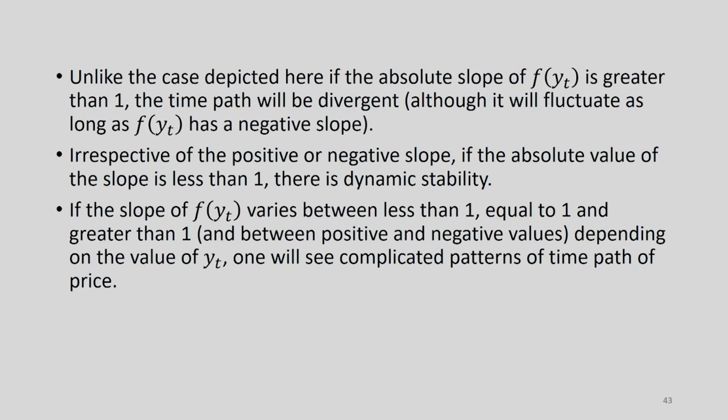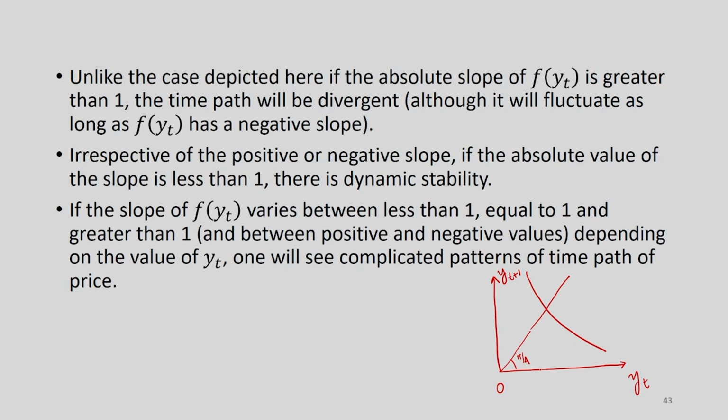So, the reason why we are going to have a fluctuation is because f of yt is downward sloping, that is giving me fluctuation, but whether you are going to have stability or not, that depends on the absolute value of the slope. So, what is being written here is this: suppose this is the 45-degree line and you have a downward sloping line, but which is very steep like this. So, in this case you are going to have instability, right.